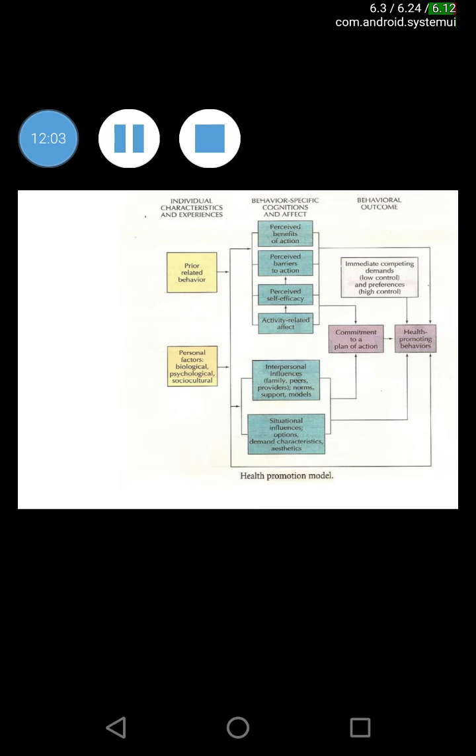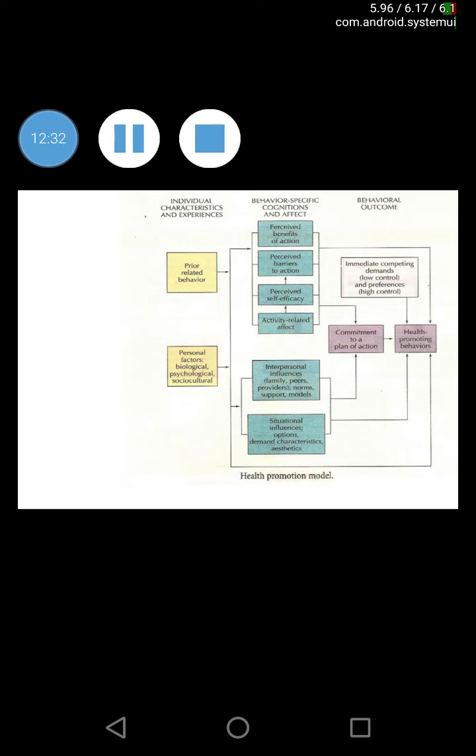Once again, I will explain this model with our example. First, we assess the prior related behavior and the personal factors: whether the person has undergone such a disease or angina, whether he took any health promoting behavior like exercise or dietary approaches and how well he did it.